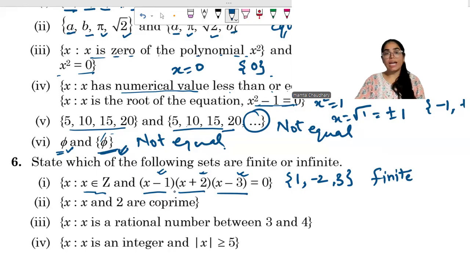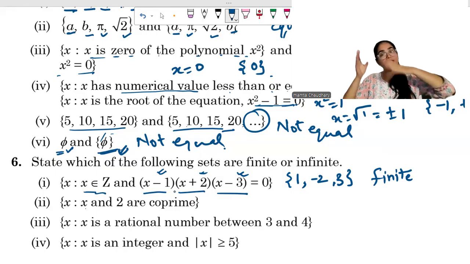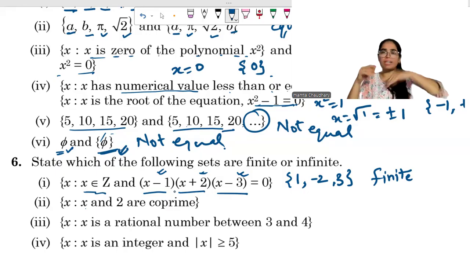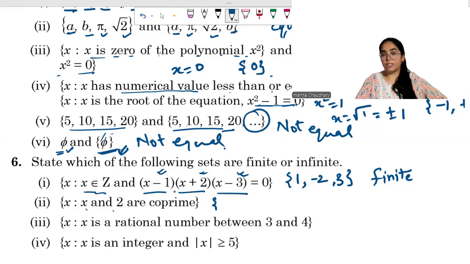Now next, x and 2 are co-prime. Co-prime means the highest common factor of the 2 numbers should be 1. It can be composite or prime, anything. So we can take 3, because the highest common factor, or HCF, of 3 and 2 is 1.